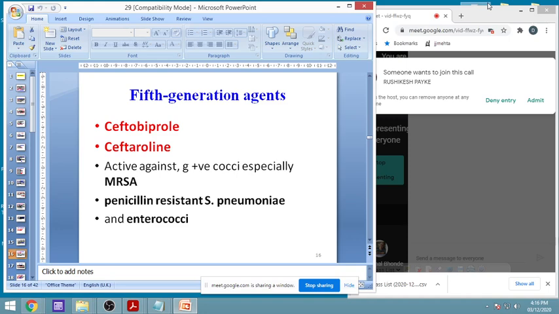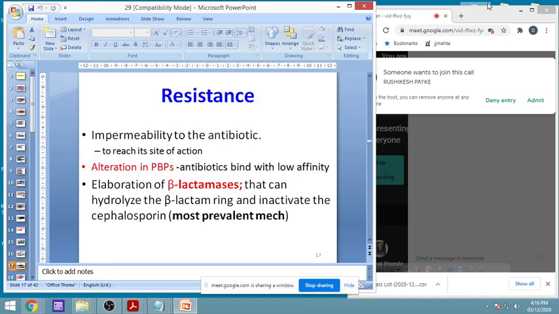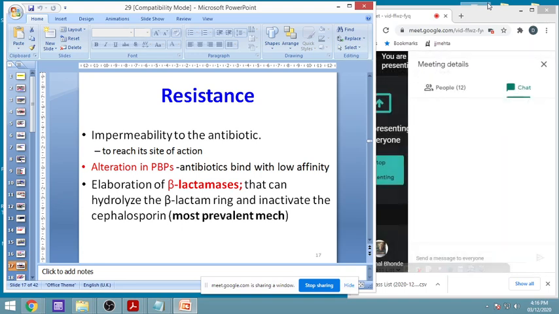Streptococcus pneumoniae and enterococci, they are useful in these. Then, what are the reasons for resistance? There is impermeability, so the antibiotic cannot reach its site of action. There are alterations in the penicillin binding proteins, so the antibiotic binds with low affinity and therefore does not show any action. There is elaboration of beta-lactamases that can hydrolyze the beta-lactam ring and inactivate the cephalosporin.